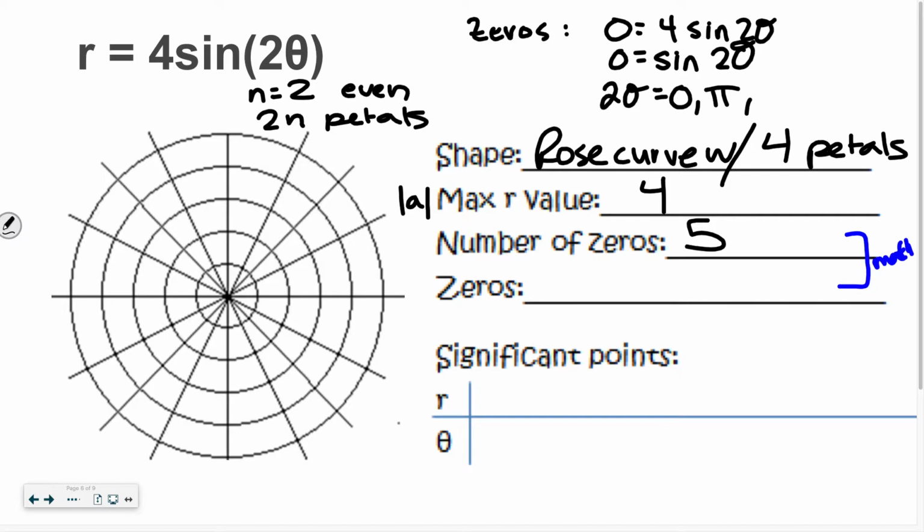What's the next one? 0, pi, 2 pi, 3 pi, 4 pi. I need 5 zeros. So I have to just keep going around that circle until I get all 5.